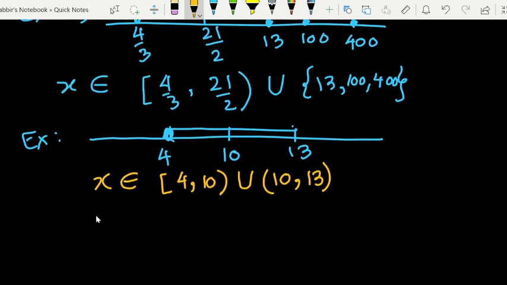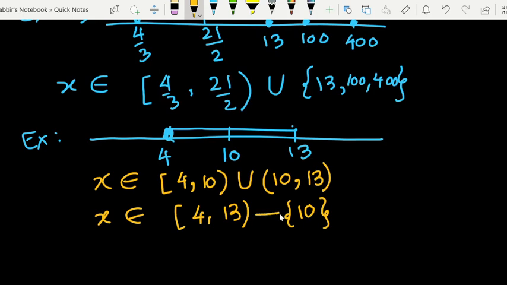Or else we can write it like this, x belongs to 4 to 13. But since 10 is not there, this 10 alone would be written inside a pair of curly braces, and now we will write the minus sign. Yes, so the minus sign can also be used, guys.